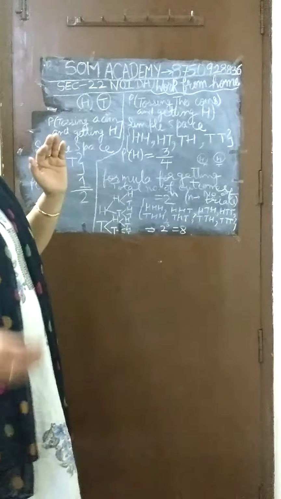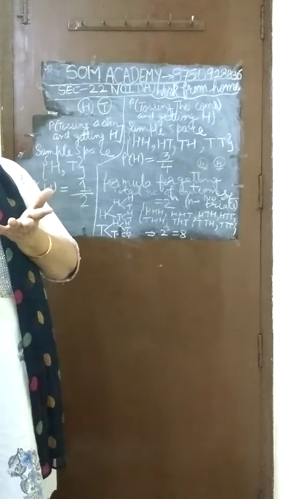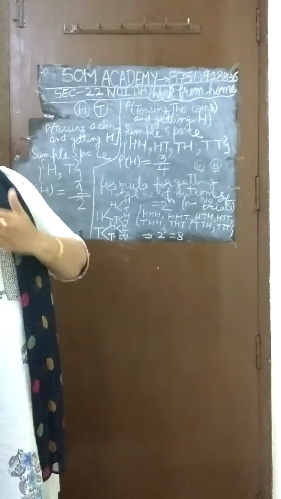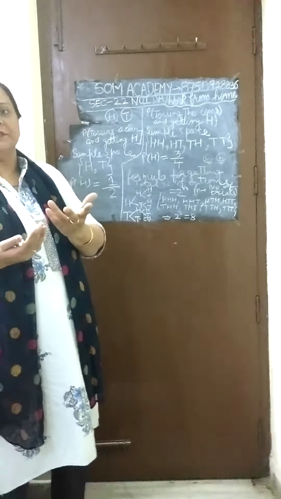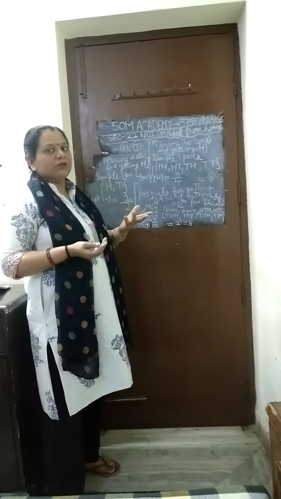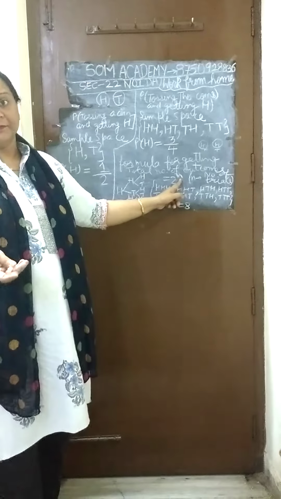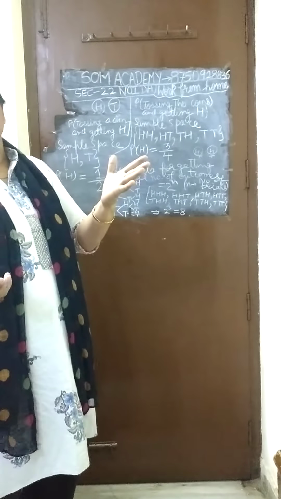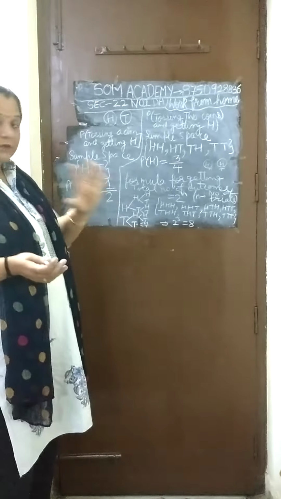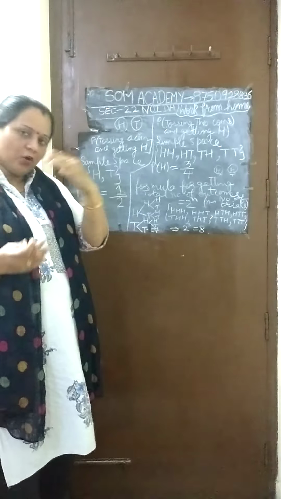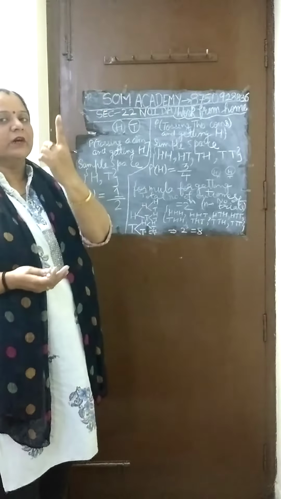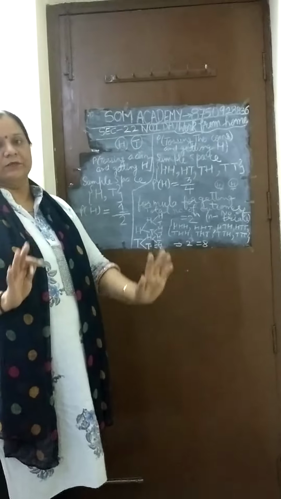Now, you can have any number of trials and you can have any number of coins. So the simple formula for that is 2 to the power n. N is the number of trials. Suppose there are 3 coins, or the other way I can say 1 coin is tossed 3 times.